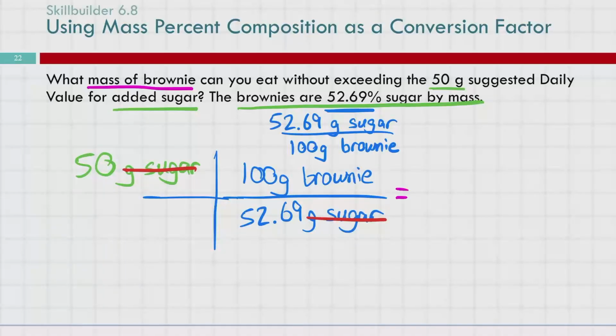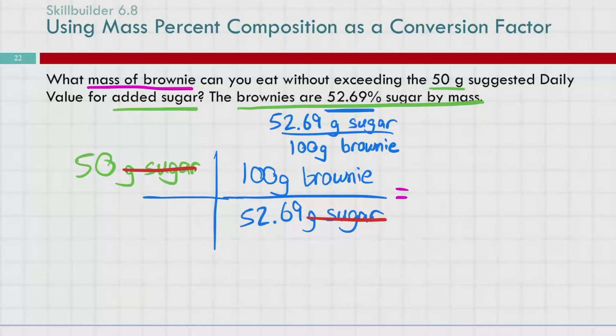If the brownies are about half sugar, we would need about double the amount of brownie to get the 50 grams of sugar. That's just a thing that we can think through potentially to predict what our answer is going to be.